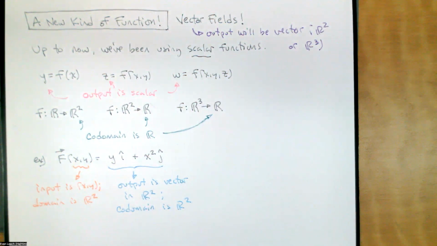But our output is not just a point in R2, our output is a vector in R2. So to each point in the plane, we are assigning a vector, not just a value.